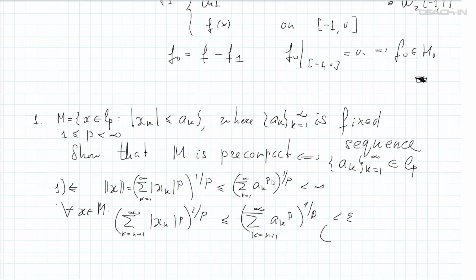You can say that for any epsilon there exists n, because the sequence a_k is from l_p.